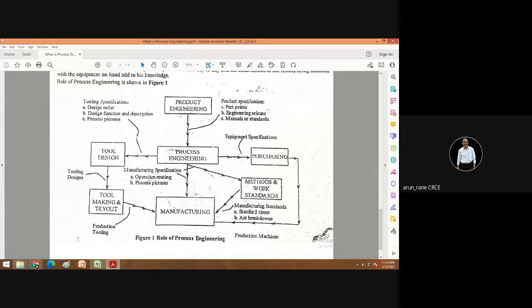In BHEL, Bharat Heavy Electricals Limited, there are 5 postgraduate engineers who are doing only the work of preparing the manuals of whatever products or projects they design and execute. It has to be documented.